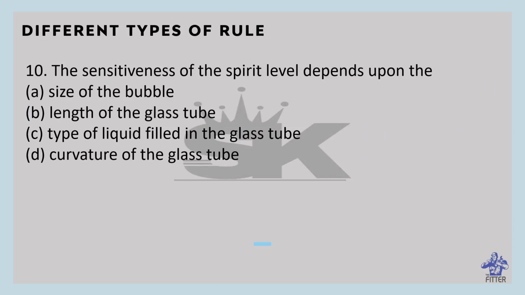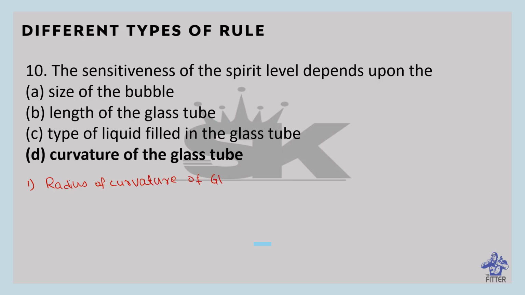Sensitiveness of the spirit level depends upon the curvature of the glass tube. Few more are there, I will write them down here. The first one is the radius of curvature of the glass tube. The second one is length of the bubble.